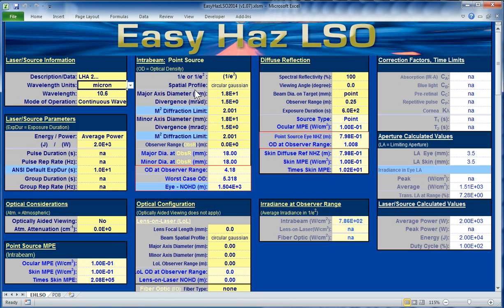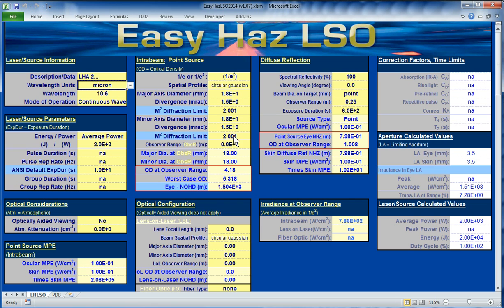The beam characteristics, we have an 18 millimeter beam diameter, 1.5 milliradian beam divergence. That gives us an M squared limit of 2. Again, we have the observer range set at 0, but here's the interesting point about this.